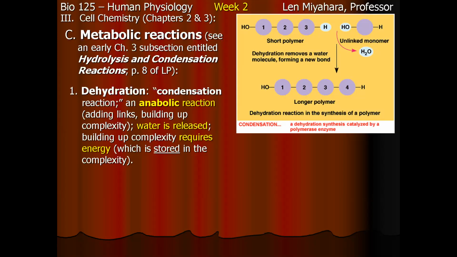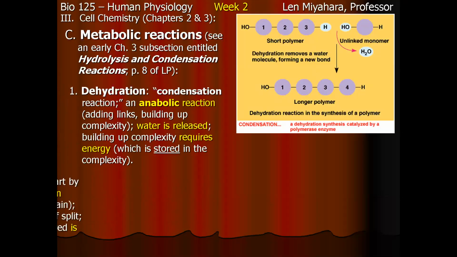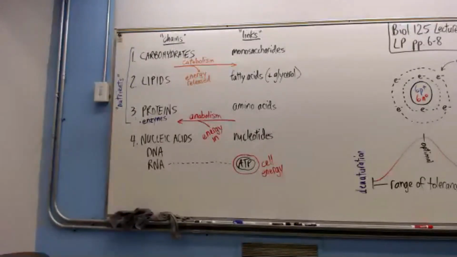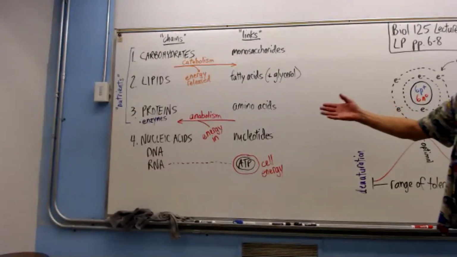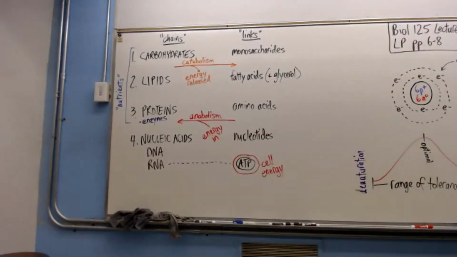This is why what I have over here on the whiteboard, that in anabolism, when you're building up chains, you got to put energy in. Okay? You got to put energy in to build up chains.